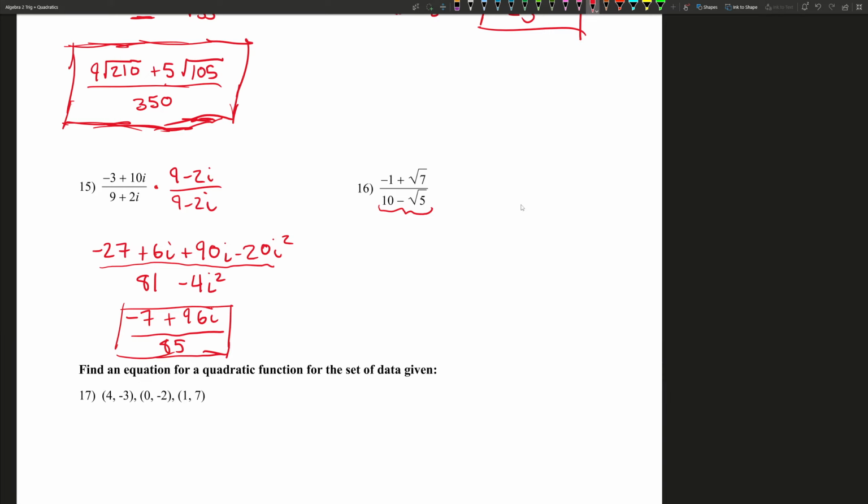We do the same thing on 16, which is multiply by 10 plus rad 5. The idea is the same. Negative 1 times 10 is negative 10, minus rad 5, plus 10 rad 7, and then plus rad 35.